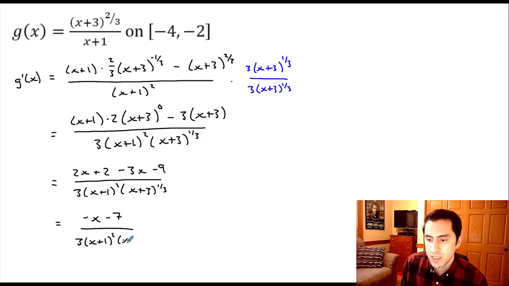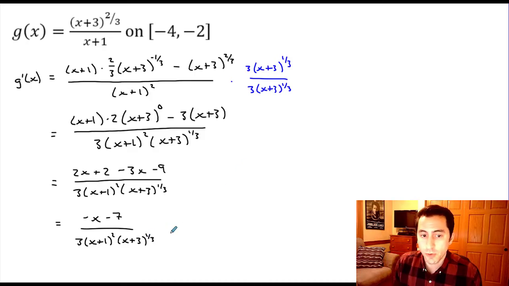So now I think this is simplified enough where we can identify our critical numbers. We are looking for when the derivative is equal to 0 or when the derivative is undefined. So for it to be equal to 0, the numerator will have to equal 0.